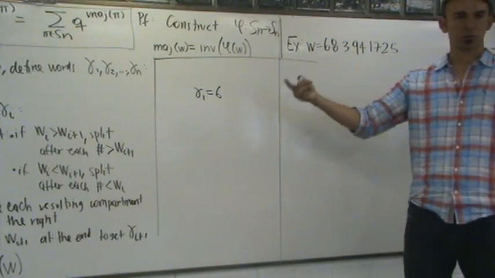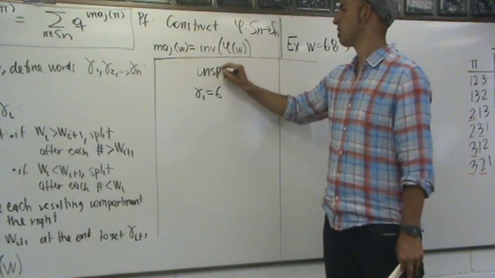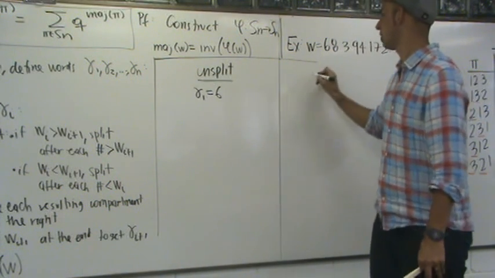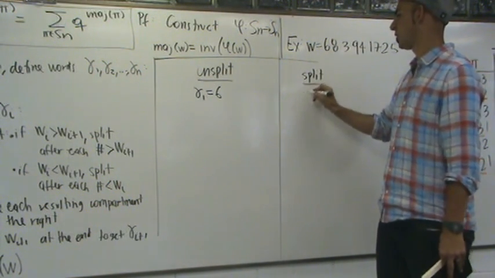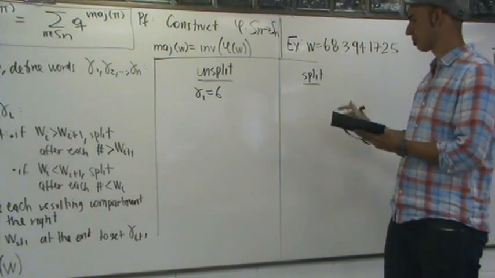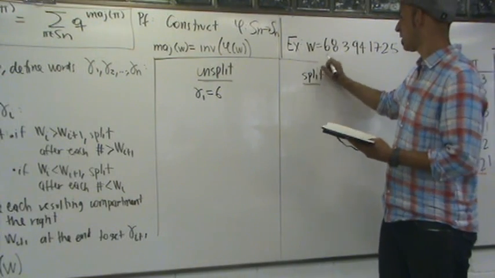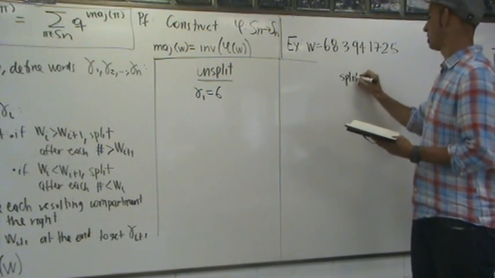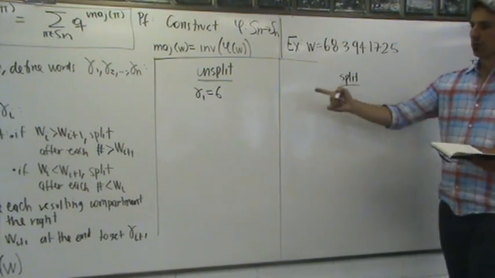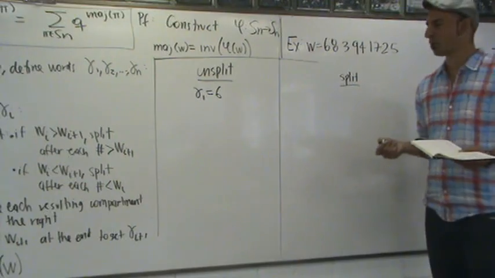And then I'm supposed to split it. So I'm going to make a little table here where I haven't split it, and here I have split it. Here I always compare wi to wi plus 1 to decide whether to split or not to split.